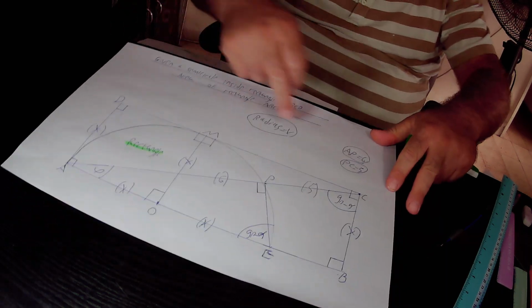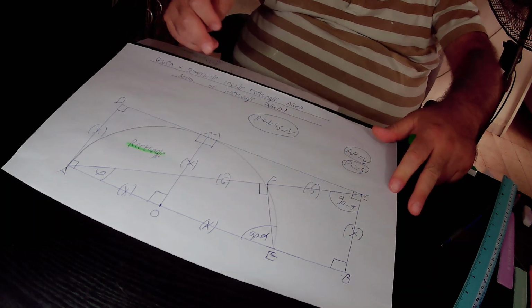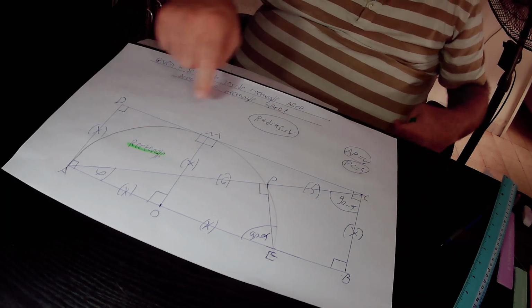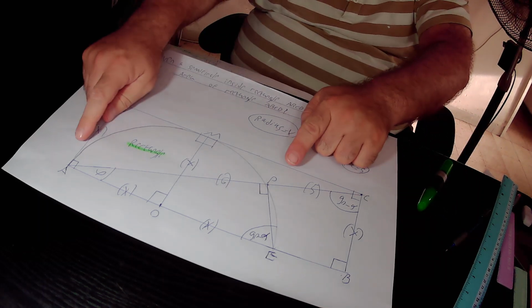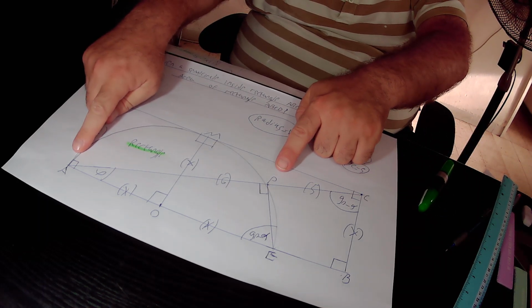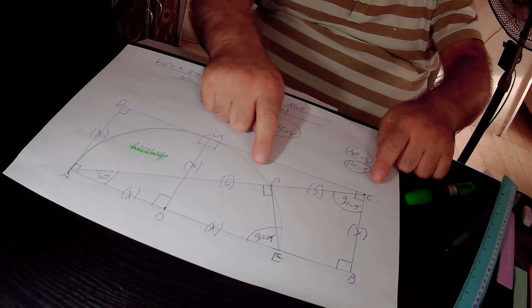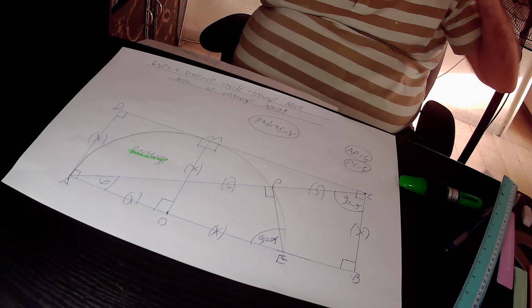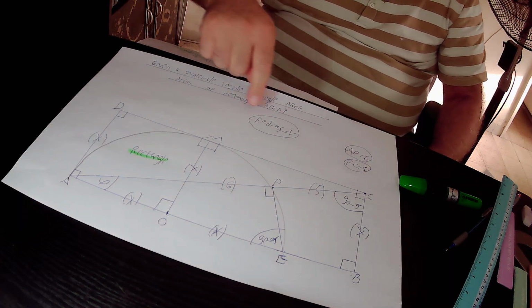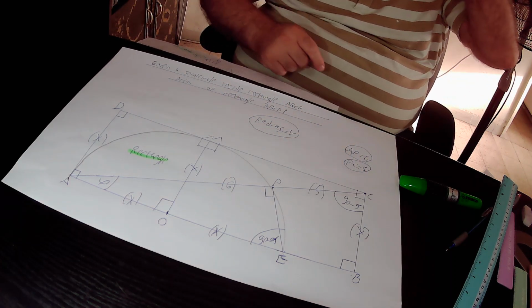So in the drawing, we have the big rectangle ABCD. Inside this rectangle, we have this semicircle. In addition, we know that this AP is equal to 6 units, and this PC is equal to 5 units. Again, our mission is to find out the area of this big rectangle ABCD.